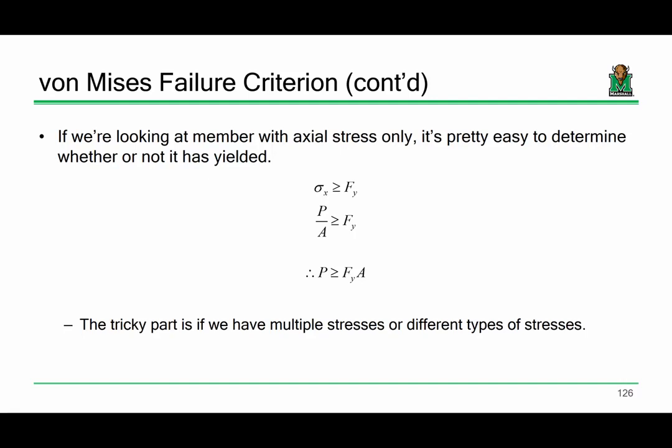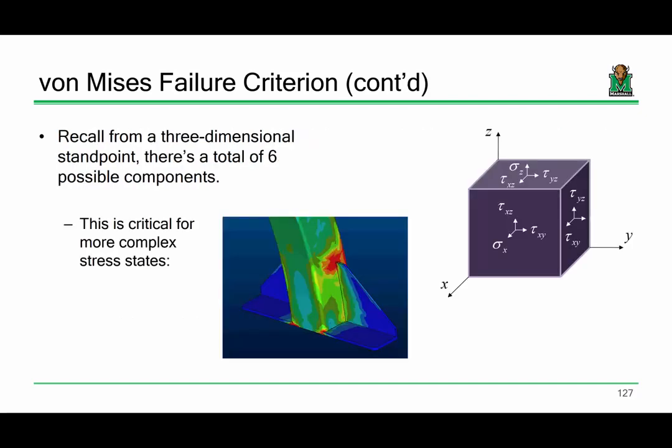Now, like I said, a simple yielding or failure criterion, if you're just yanking on it, is that when the stress hits Fy, it's failed. That's easy. But has that element yielded in a general stress state? I have no idea, because there are a lot of different stresses going on. Remember, in 3 dimensions, you have 6 different stresses: 3 normal stresses and 3 shear stresses.